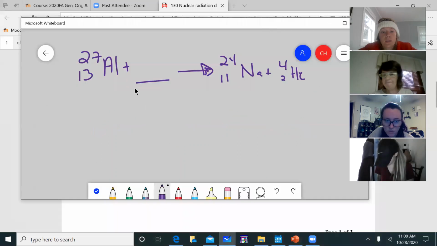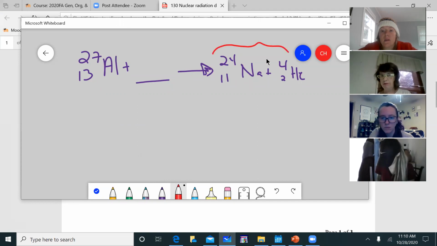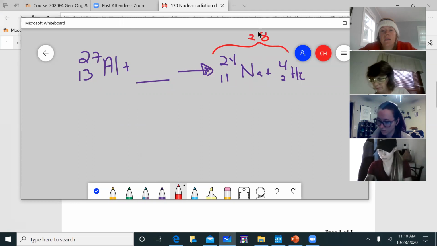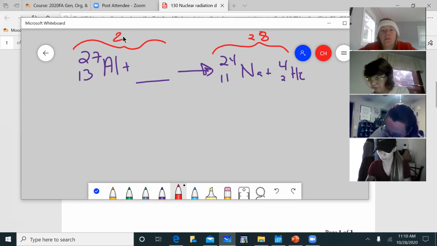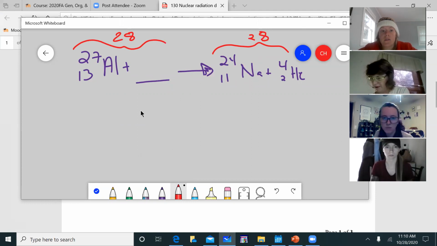Okay, so for this one, with all of our nuclear equations, we need to make sure that the top numbers on both sides sum up so that the masses are the same. In this case, we've got 24 and 4, so 28. That means that this whole component also needs to be 28. 27 are included in the aluminum, so my mystery particle is going to have an atomic mass of 1.